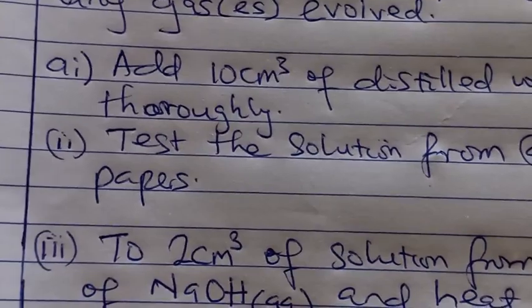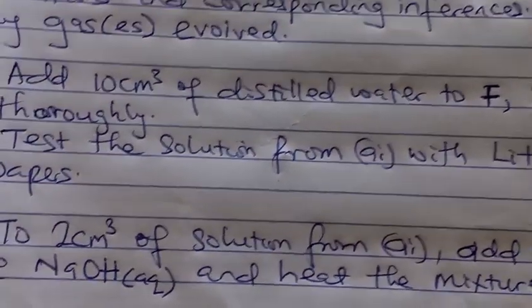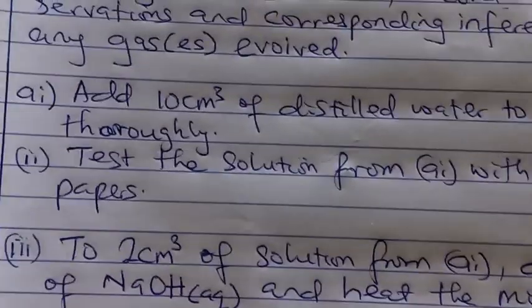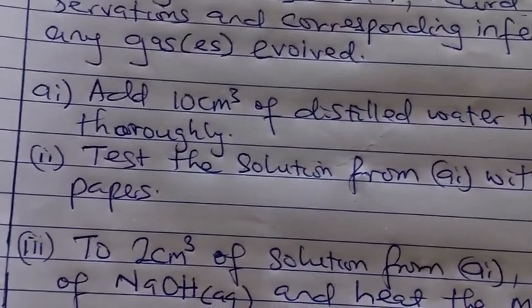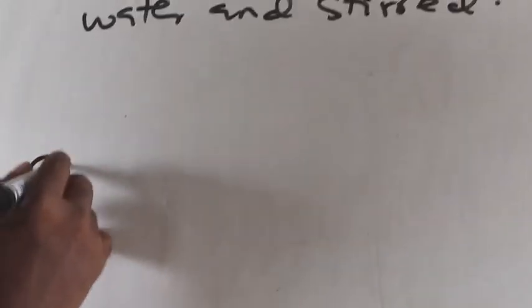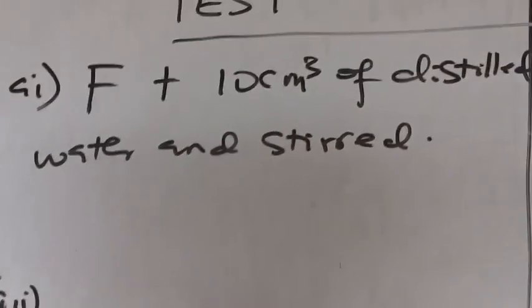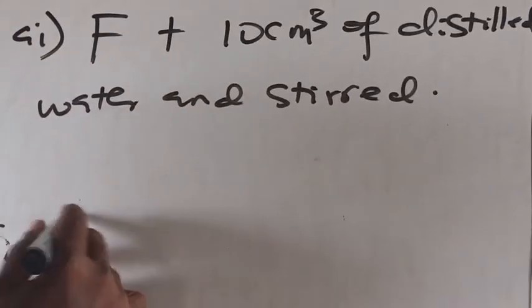We'll now move to question A(ii), which says test the solution from A(i) with litmus papers. As we used to do, we go to the board and report the experiment first. Question A(ii): solution from A(i), which you can also write as F aqueous.